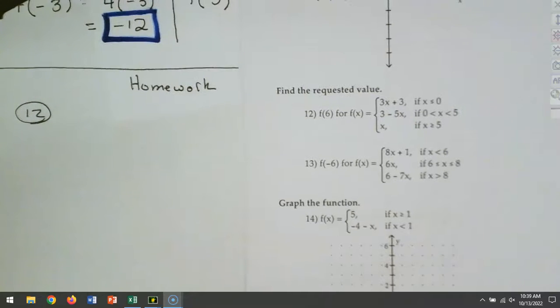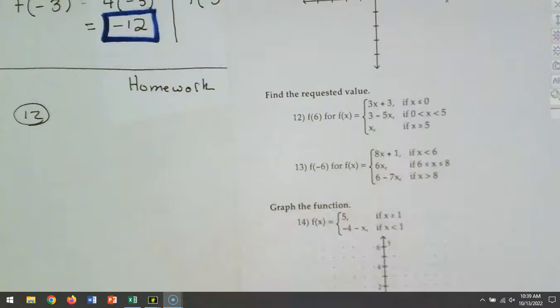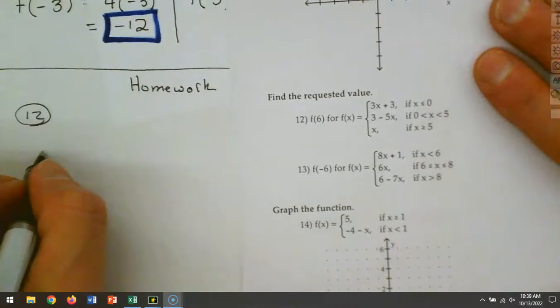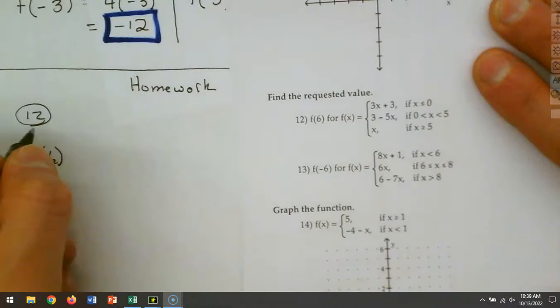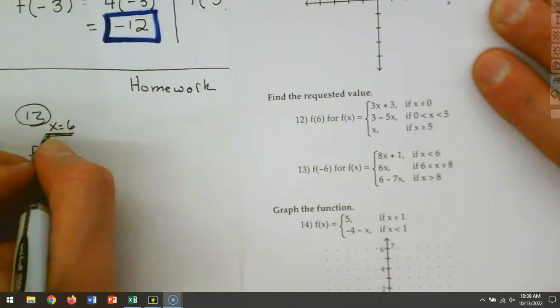So here's my piecewise defined function here. What value are we trying to find? We want to find f of 6. So that means my x is going to be what? 6.